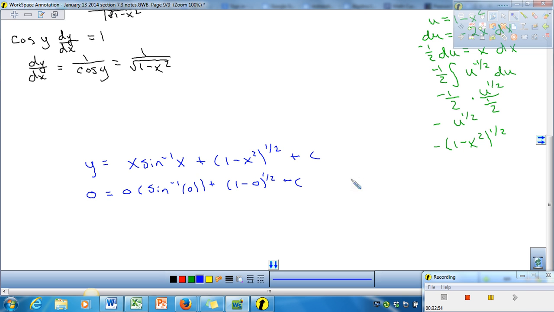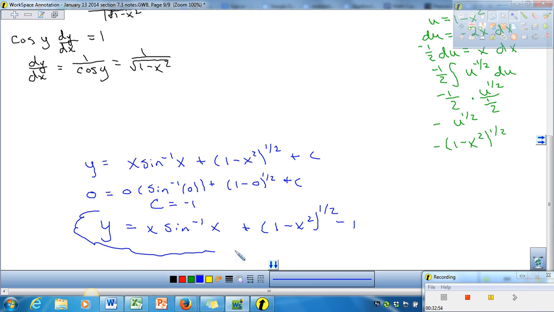We get what? C equals negative 1. All right, I told you it's our last one. y equals x sine inverse x plus 1 minus x squared to the 1/2 minus 1. There is our solution. So you can see where we're going.